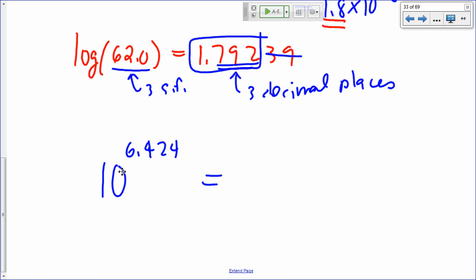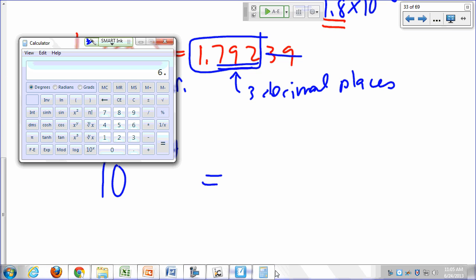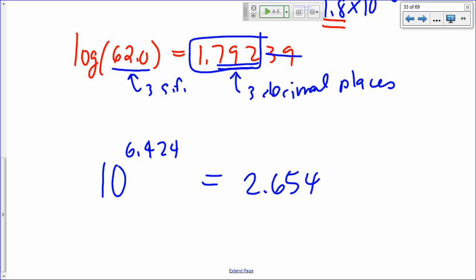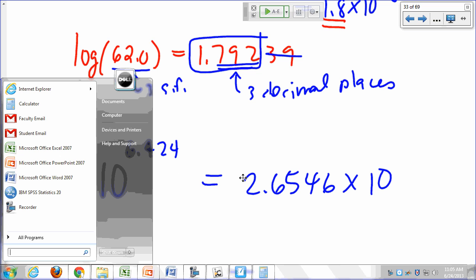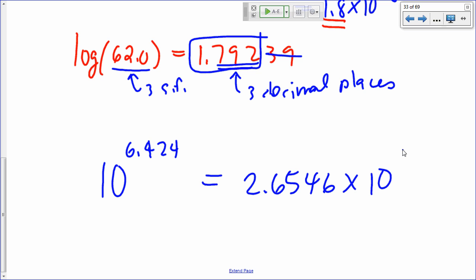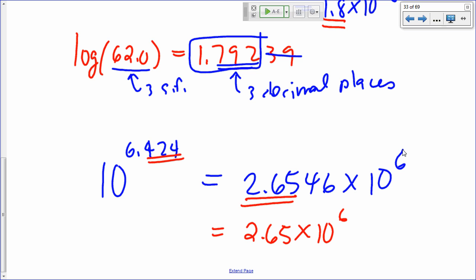Antilog of 6.424 is just raising 10 to that power. So 10 to the 6.424 is 2.6546 times 10 to the 6. Now, I'm going the other way, so I have 3 decimal places, so I should keep 3 sig figs. So this answer should be 2.65 times 10 to the 6. Keep that in mind when you're doing sig figs.